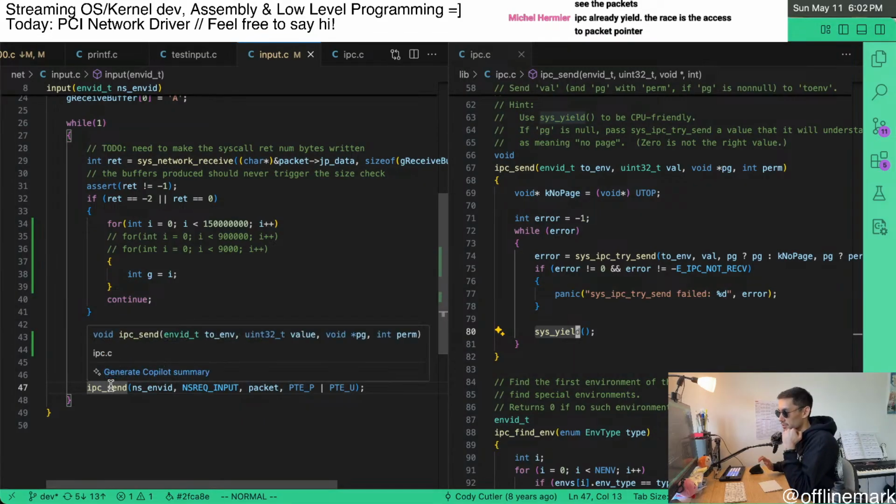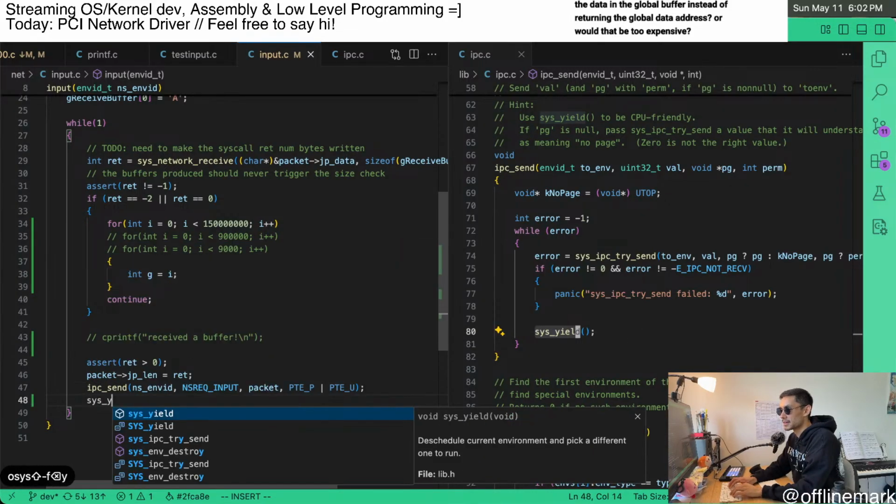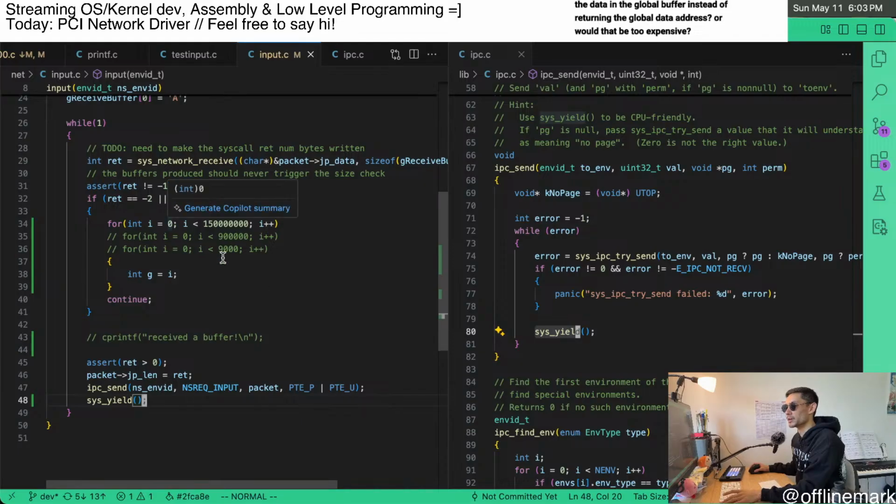I could add a bunch more yields here. I could also add a yield here. Maybe that would even be a better way than doing my weird loop.